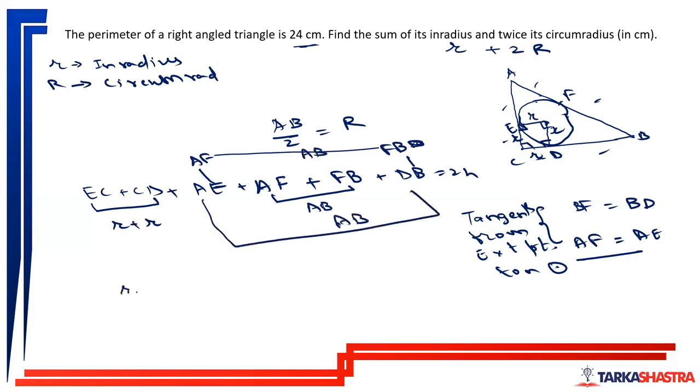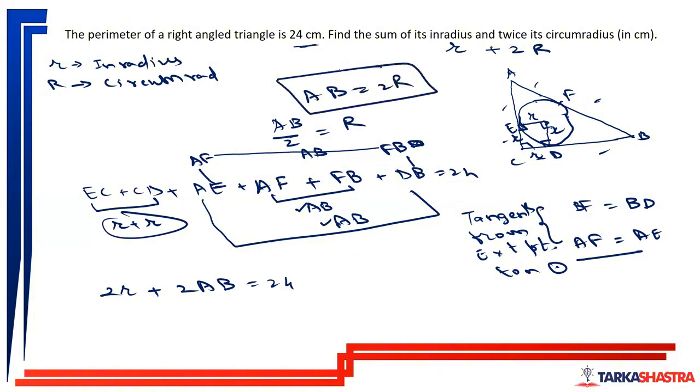So what we have? 2r plus 2AB is equal to 24. But AB is equal to 2R already, 2 into capital R, the circumradius.